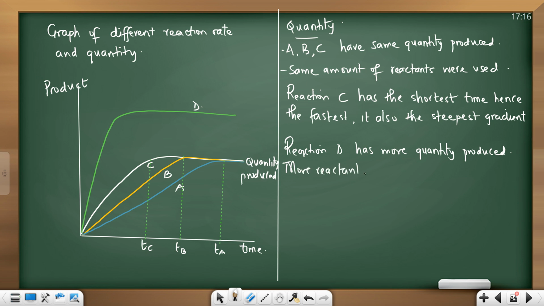More reactants were used. Hence, a faster rate of reaction as well. Guys, are we good? Are we okay with this explanation?